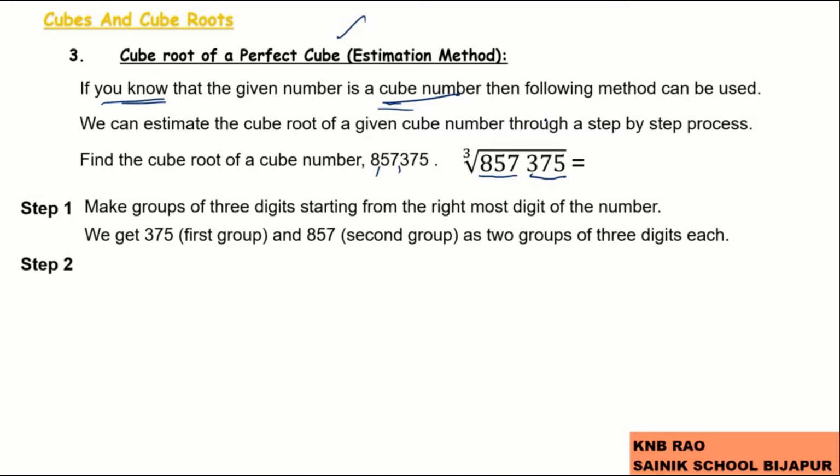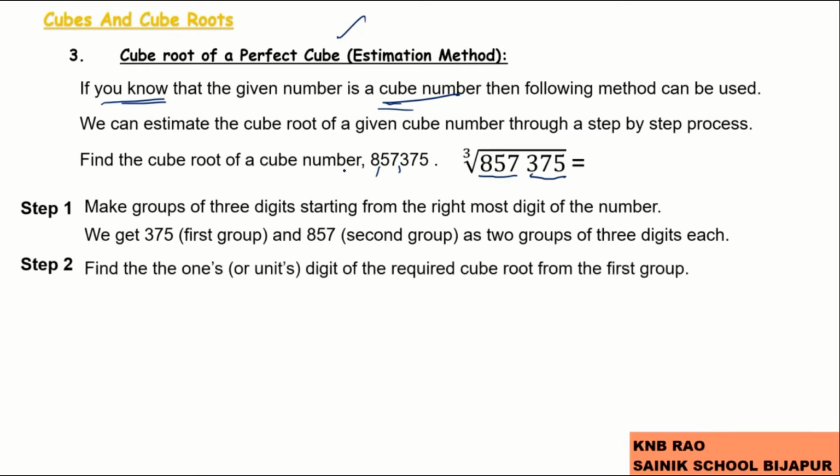Then step 2 is to find the ones digit or units place digit. Here, what is the units place digit? It is 5. So definitely its cube root also will end with 5. So we can identify immediately the rightmost digit of the cube root of this number.